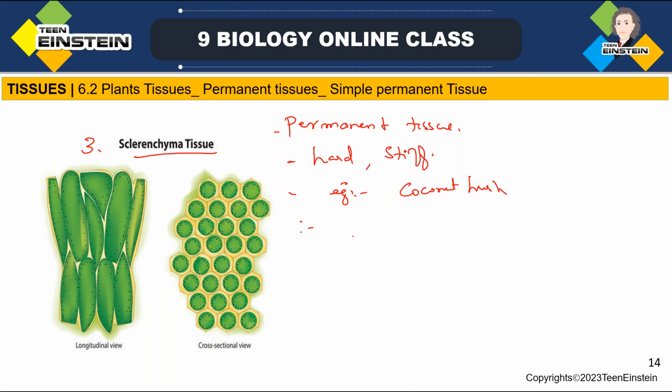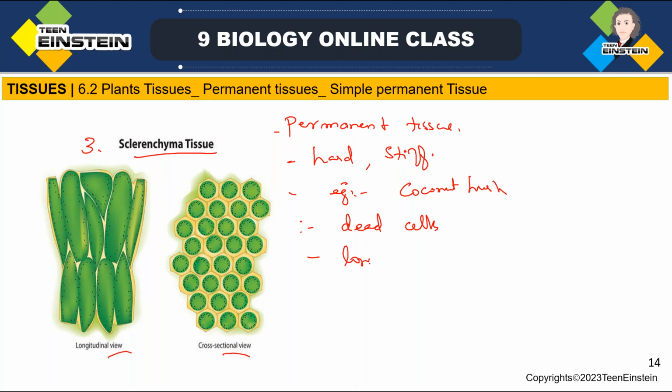Here we can see the cells of this tissue. They are dead cells. This is the cross section, and this is the longitudinal view.